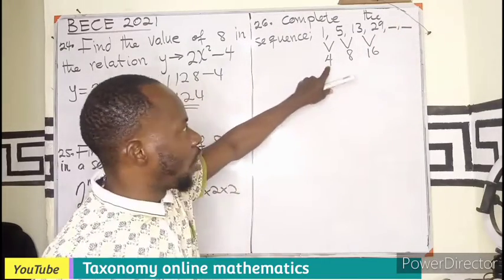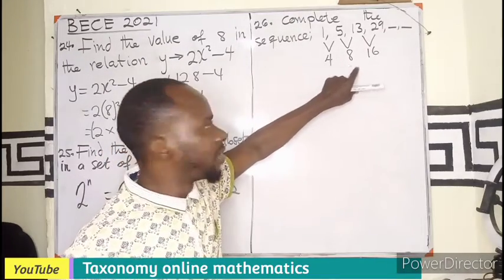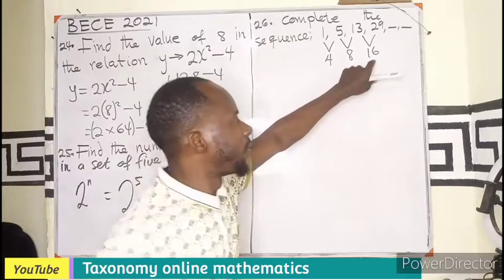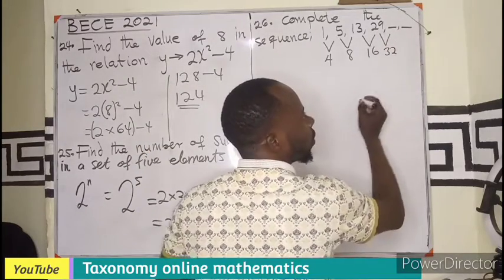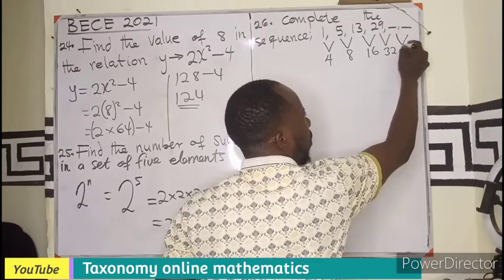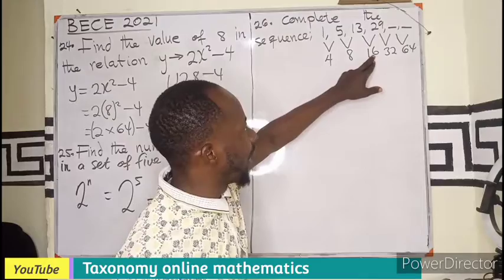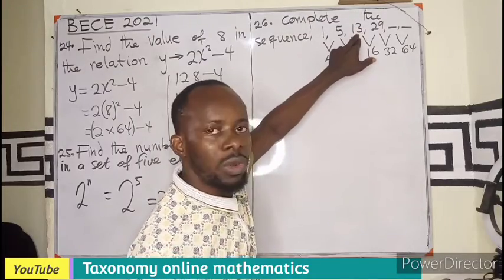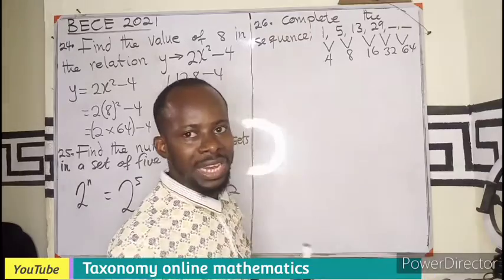I can see that double of 4 is 8. Double of 8 is 16. Double of 16 will give you 32. Double of 32 will give you 64. So it means that if we add 16 to 13 to get this, you must add 32 to 29.